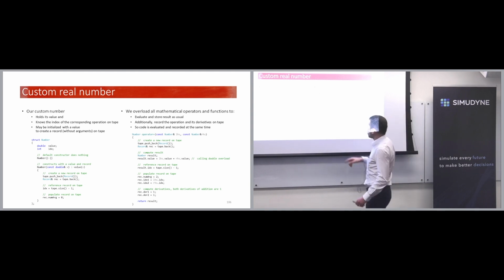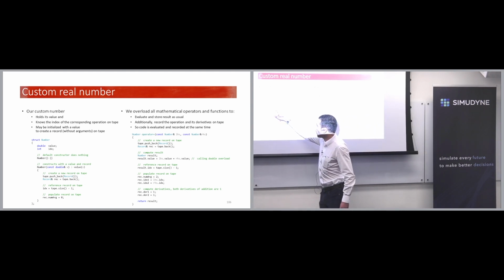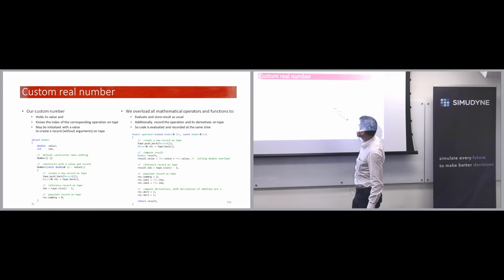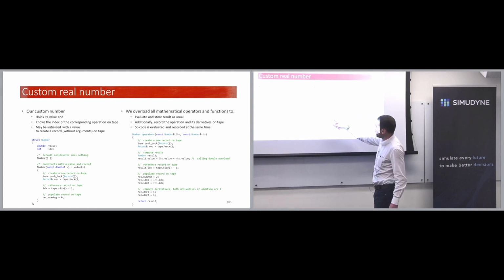Now we need to reference the record on tape, so we need to know what is the location of my result on tape. Well, that will be the index of the new record that I just created for this operation. Therefore, it will be the size of a tape minus 1. Finally, I populate the record on tape.